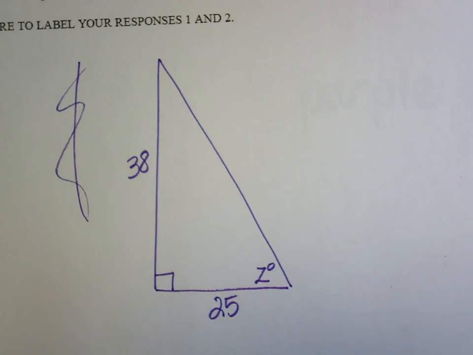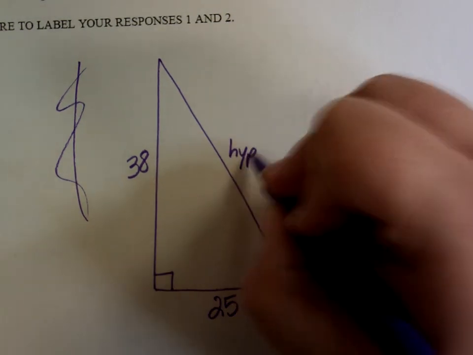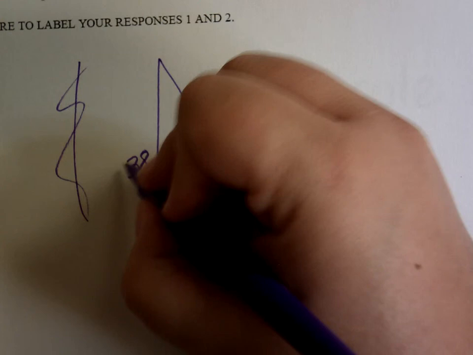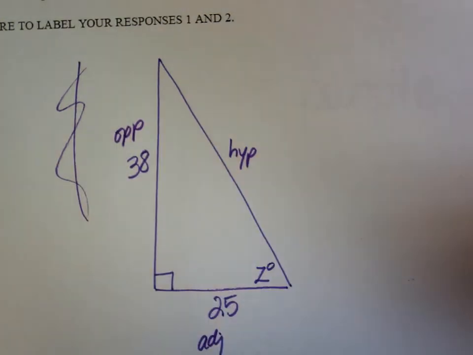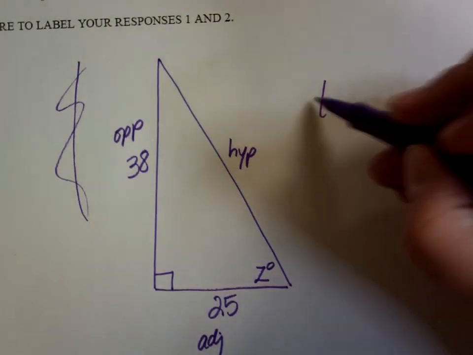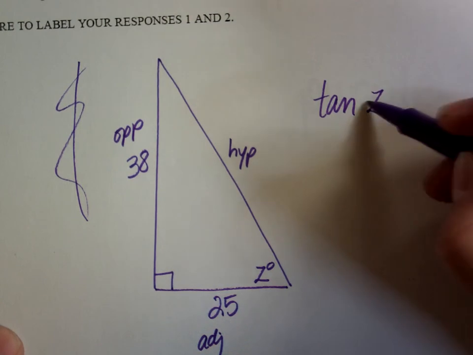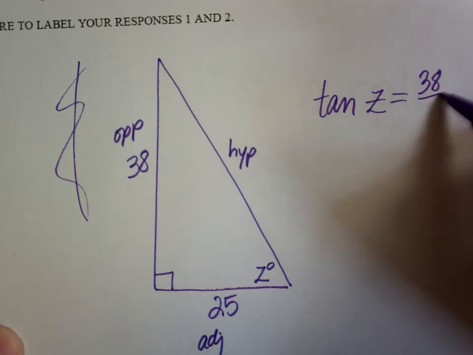And I redrew it. And here's what that looks like. That's the building. And so this is the hypotenuse, adjacent, opposite. I'm going to use the opposite and the adjacent, so that's the tangent. So tan of z equals 38 over 25.